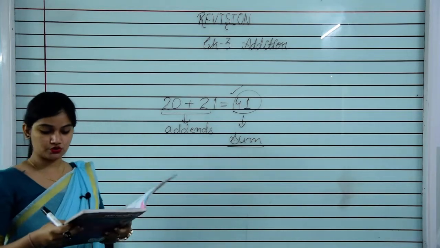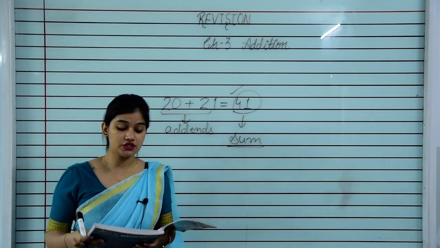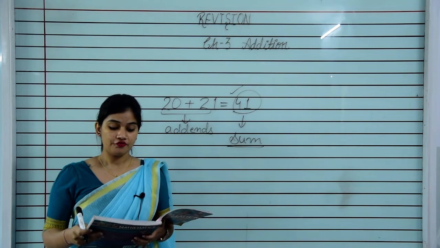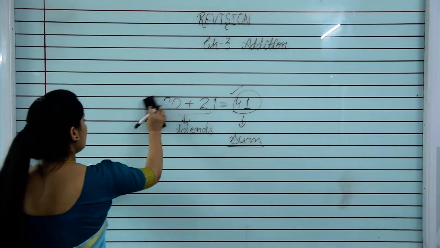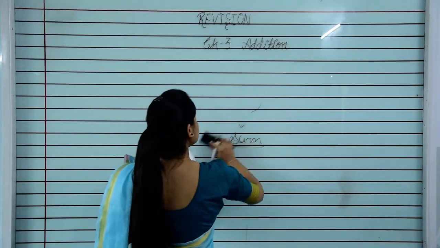On page number 27, the topic is addition of two 4-digit numbers without carry over. On page number 27.